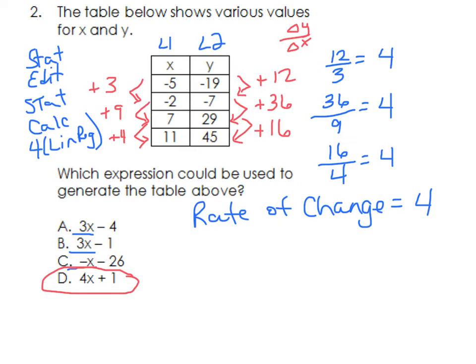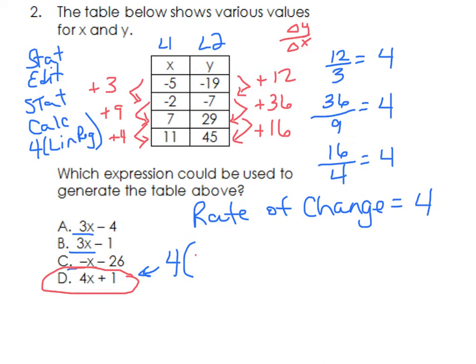But I do want to plug it in and just verify that what I've chosen is correct. So I'm going to take this piece of data right down here, the last one, 11 and 45, and I'm going to plug them in and see if they work. So I've got 4, and instead of x, I'm just using this equation right here. Instead of x, I'm going to plug in my x from the table.